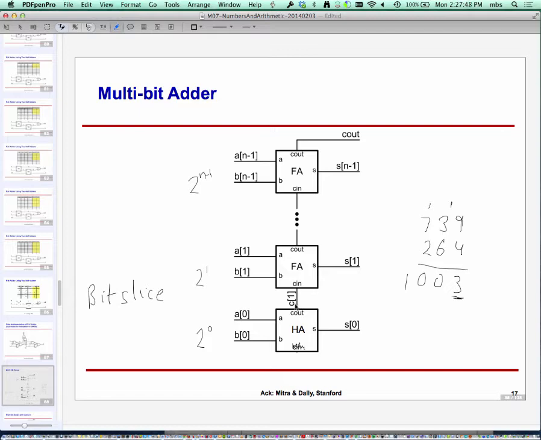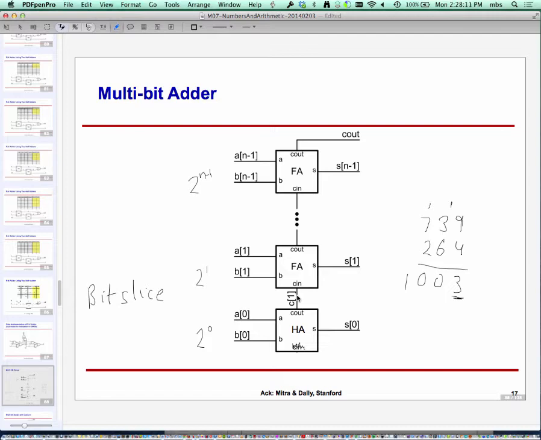So it corresponds to the 2's position. So when I'm adding multiple bits, I have to make sure that I'm adding bits which reside in the same weight position in our base 2 number system.